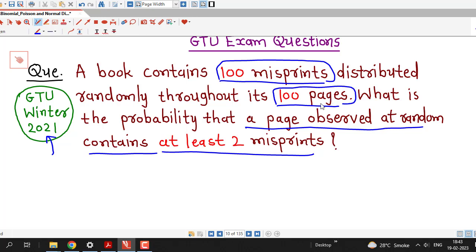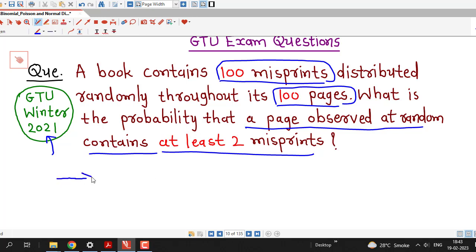There are 100 pages in the book and 100 misprints distributed randomly throughout these pages. So we are asked to find the probability that if we select randomly one page out of these 100 pages, then that randomly selected page contains at least 2 misprints.